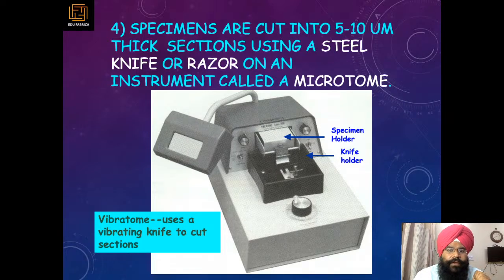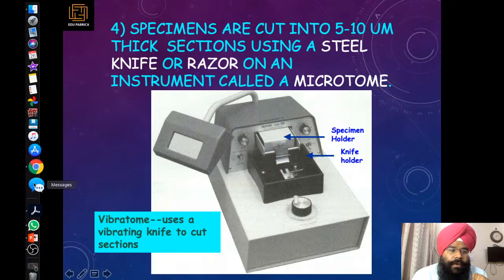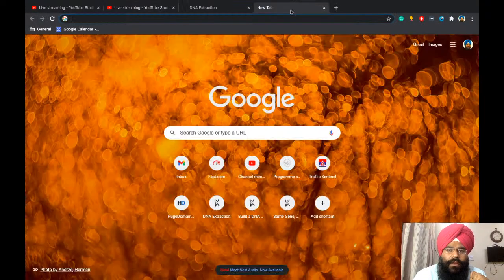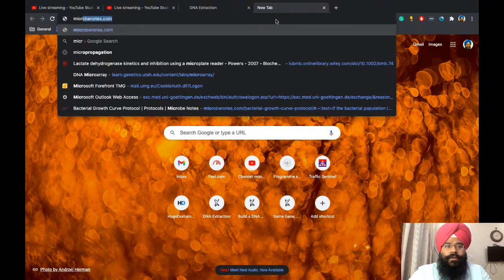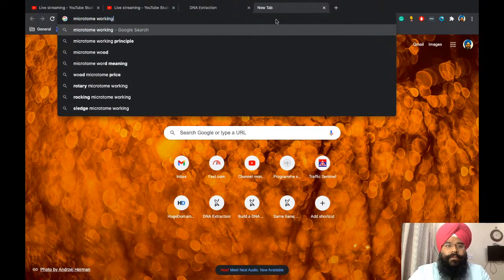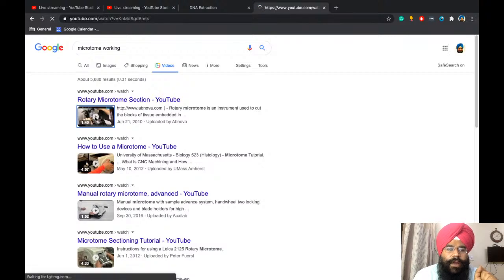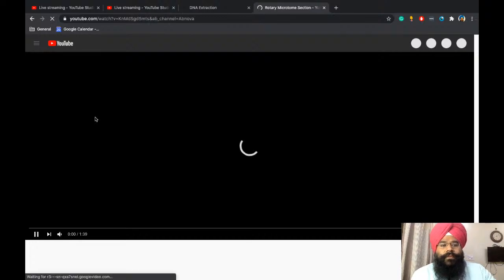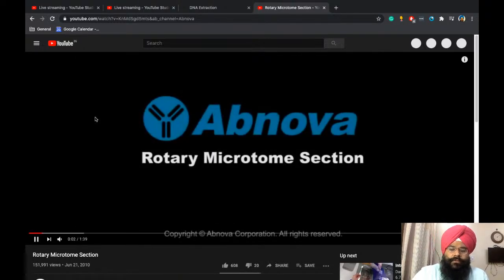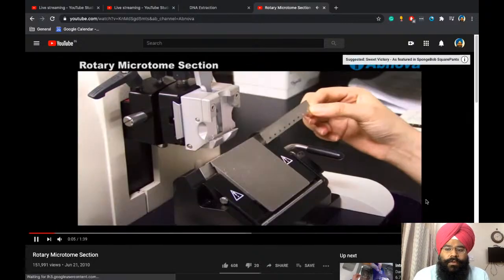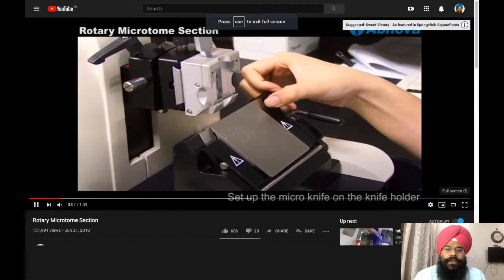Fine sections of paraffin. For those who have worked in a histology lab, maybe I can show you how a microtome works. I worked for 6 months in a lab with rotary microtome sections. This is how microtomes look. You put the blade inside.